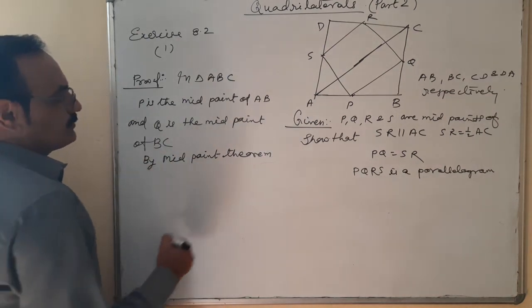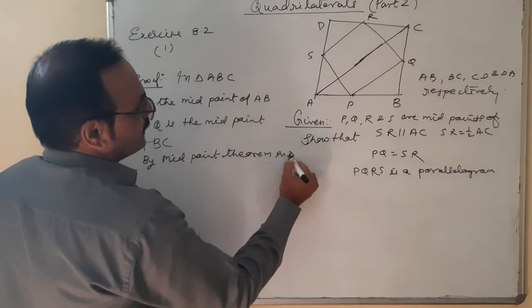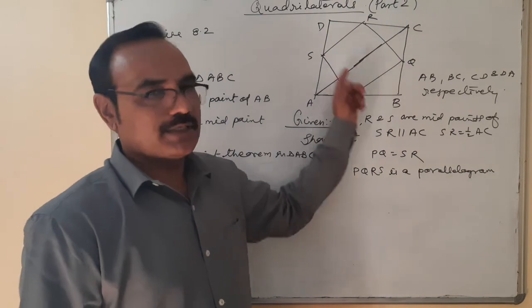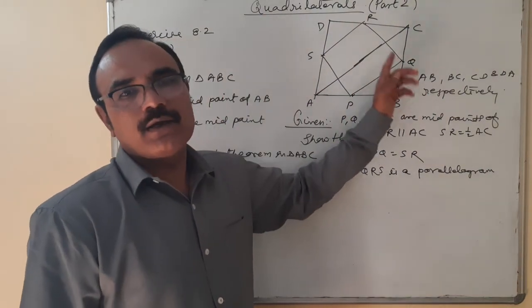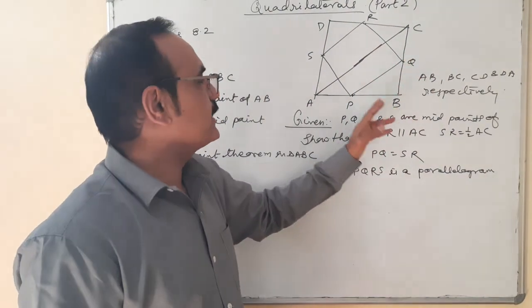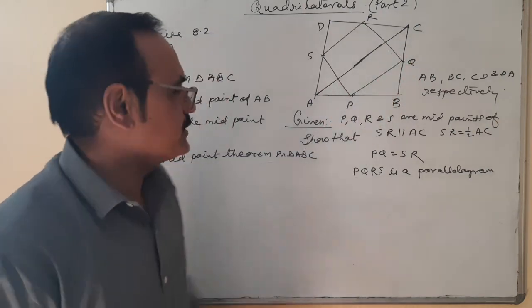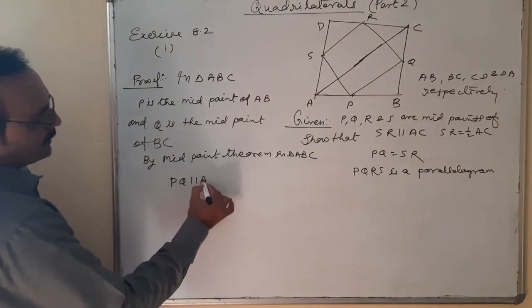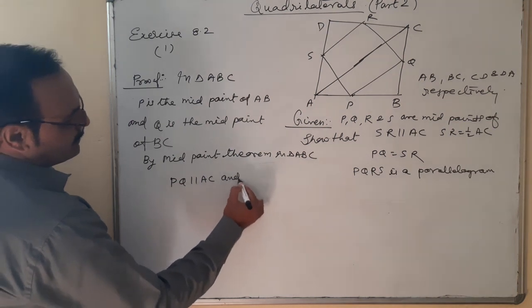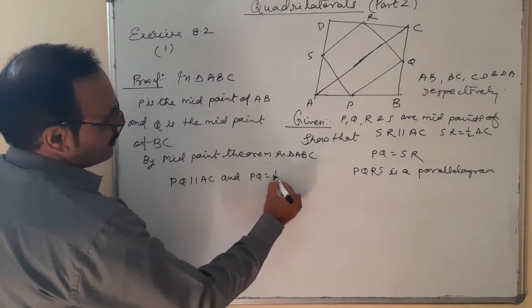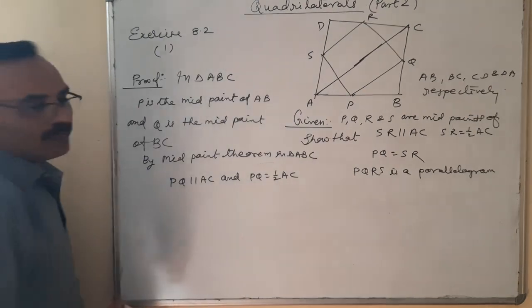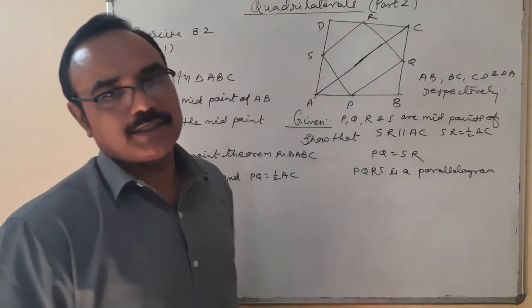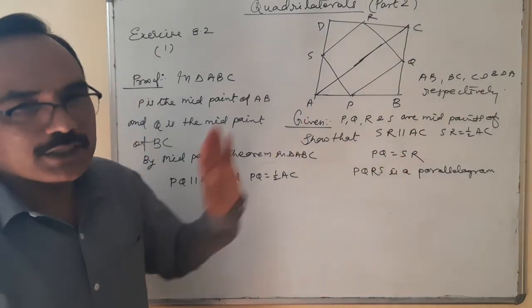P is the midpoint, Q is the midpoint, so PQ is parallel to AC and PQ is equal to half of AC. The first is proved directly.